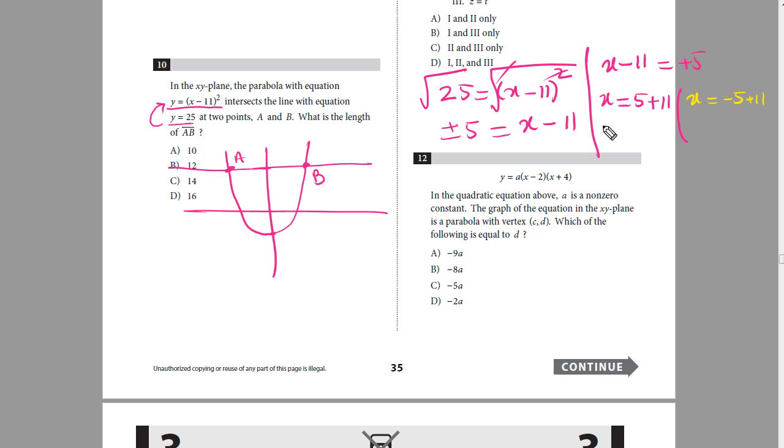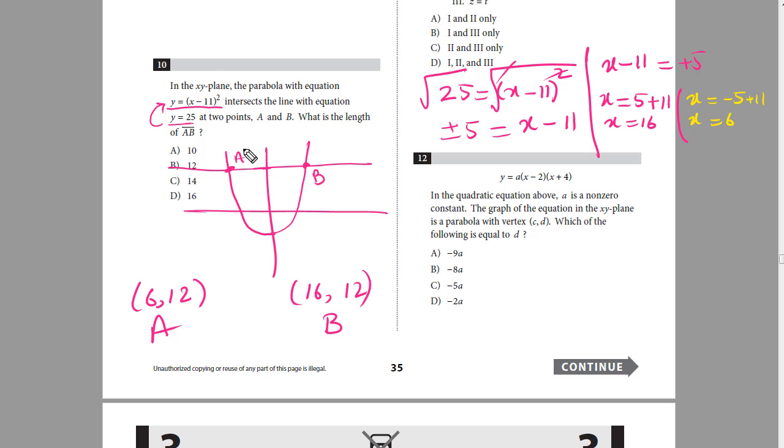So x is equal to 5 plus 11 will give us 16, and x is equal to negative 5 plus 11 will give us 6. So the two coordinates are, one point is 6, 25, and the other point is 16, 25. So this is point A and this is point B.